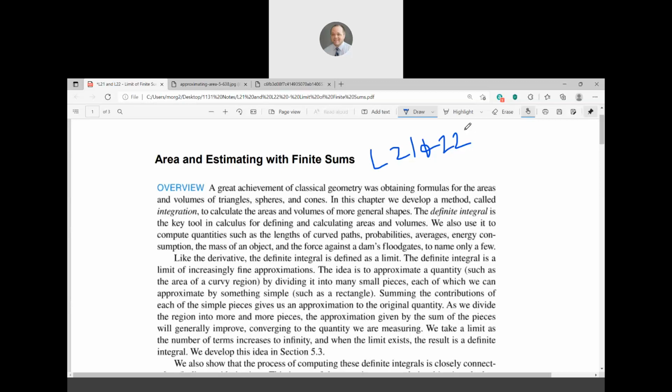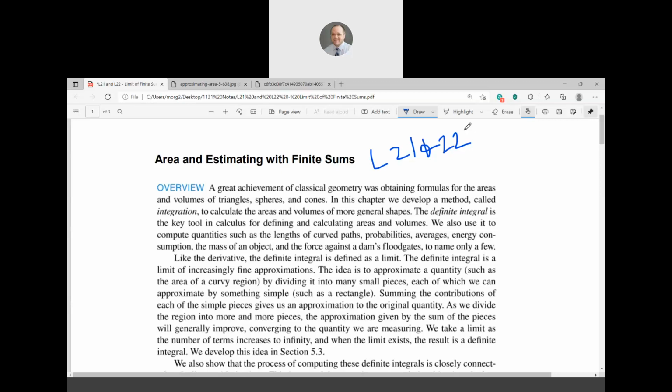It makes sense that as we divide the region into more and more pieces, the approximation will generally improve, converging to the quantity we are measuring. We take it as a limit of the number of terms increasing to infinity.